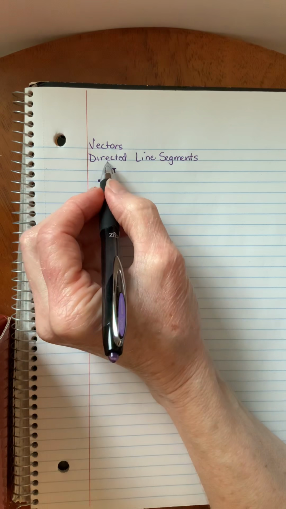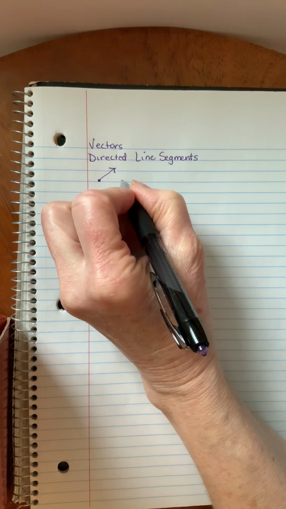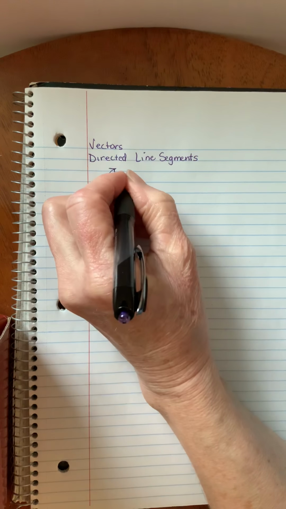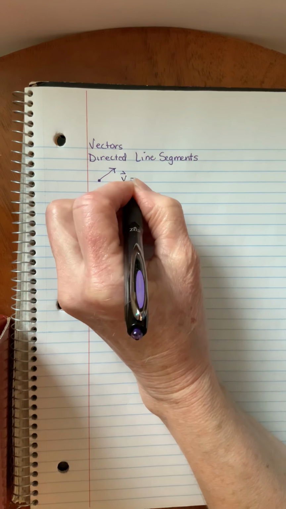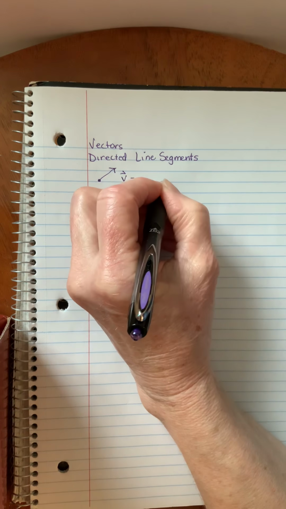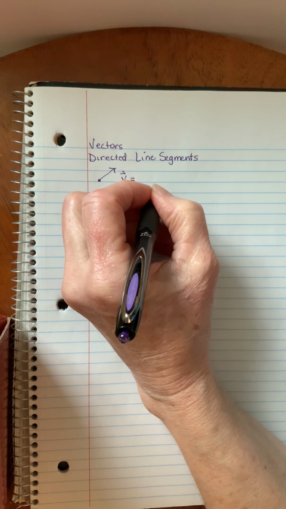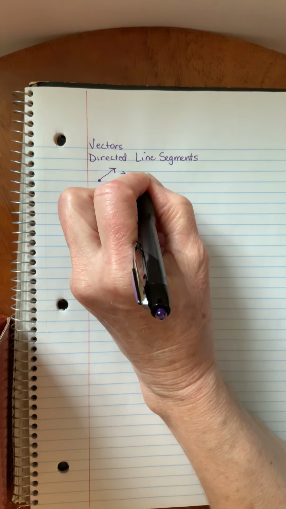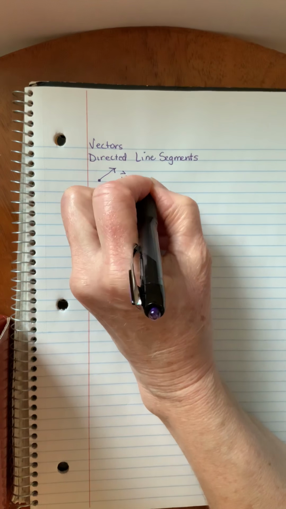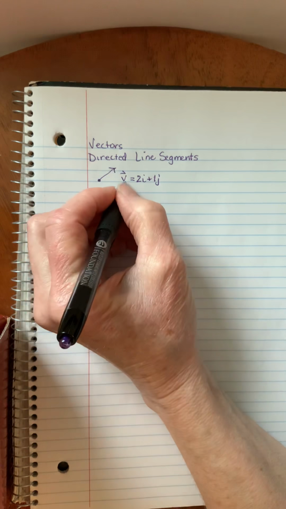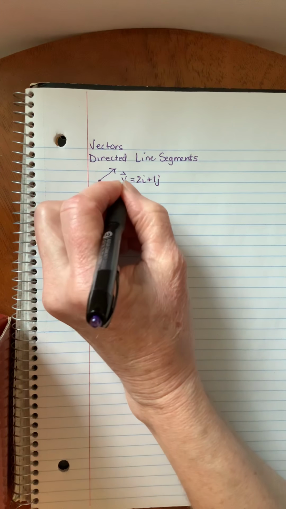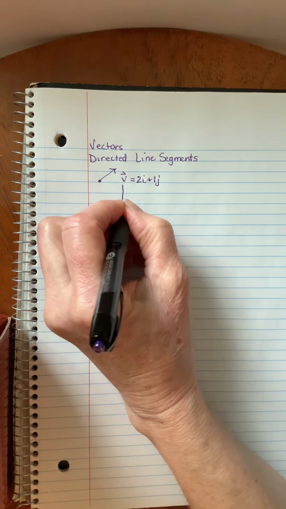So when we've got vectors, we tend to call them v's sometimes and put a little arrow over them. And once in a while, we use i and j as the coordinates. So if I have something like 2i plus 1j, what I would do is say this vector starts at the origin.